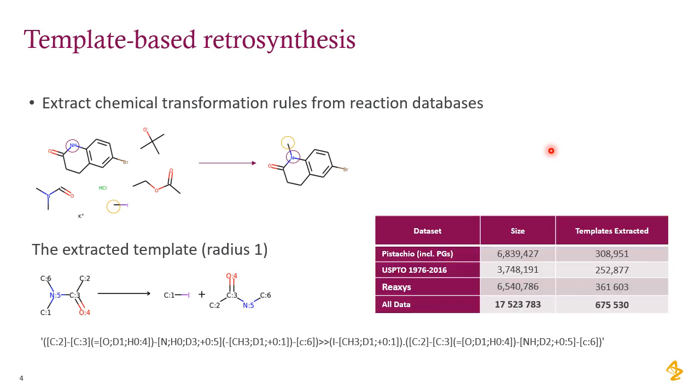And we have done this. We have extracted a couple of 100,000 reactions. These are a bit old statistics, a few years old, but we can extract these reactions from commercial databases, from patents, and of course from internal reaction databases as well.